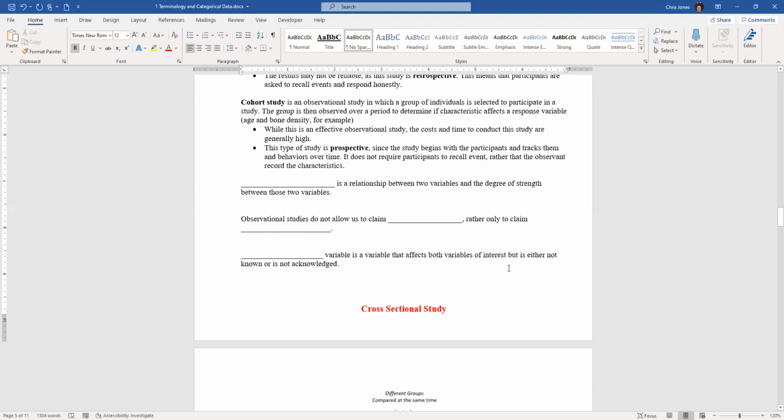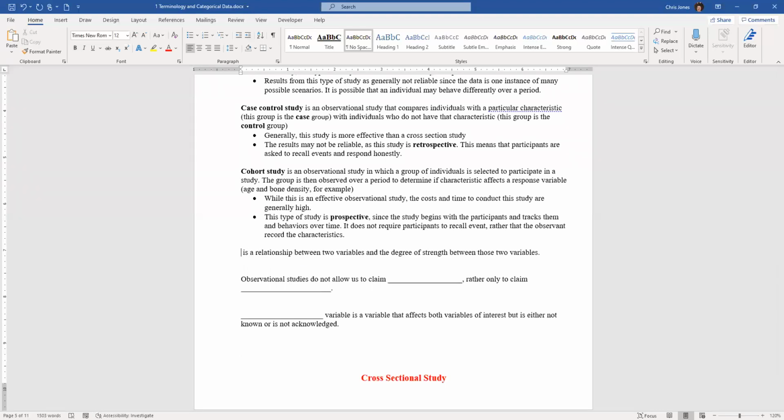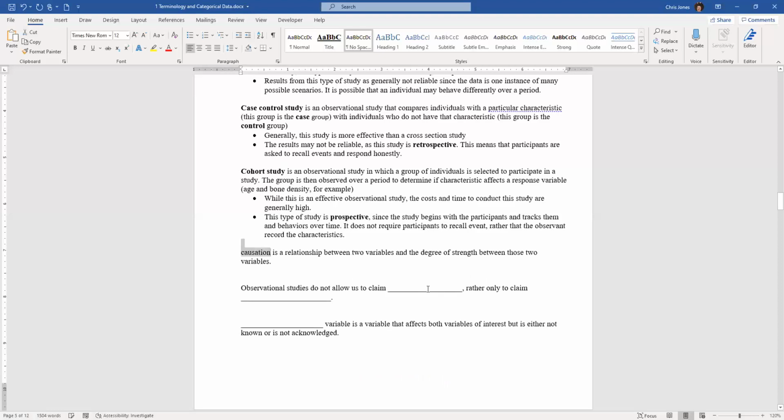What are we trying to look for whenever we do some sort of either an observational study or experiment? We're trying to look for some sort of association or even a correlation, all right? So when we talk about the idea of causation, now you've probably heard the word causation before. Causation is a relationship between two variables and the degree of the strength between those two variables, all right?